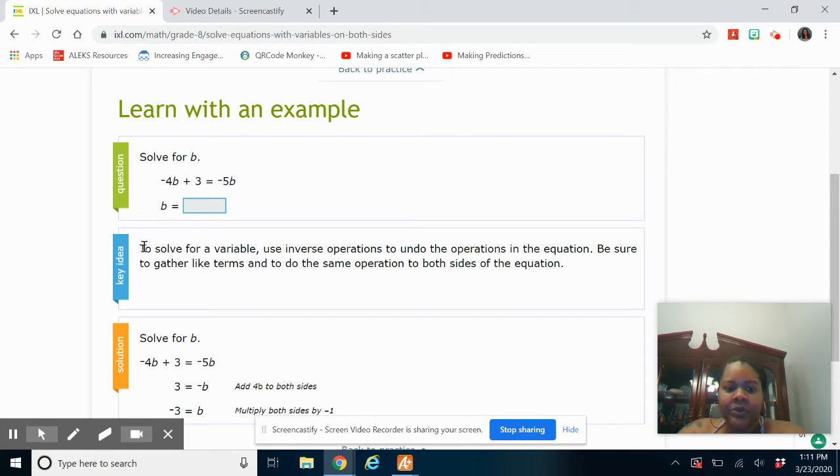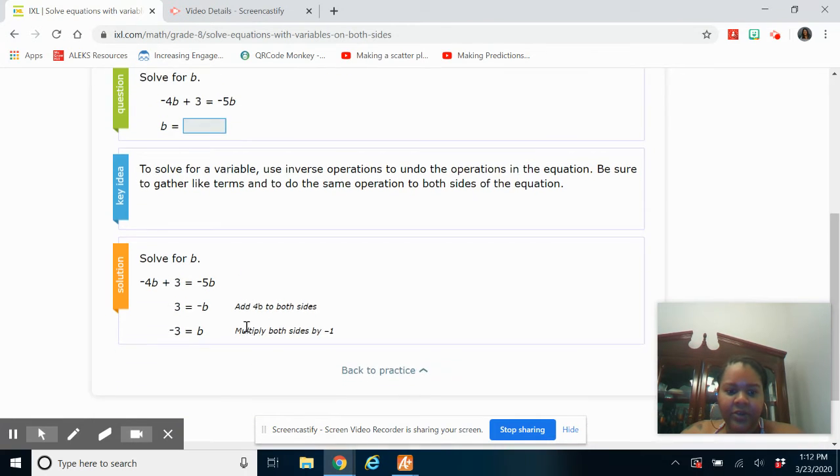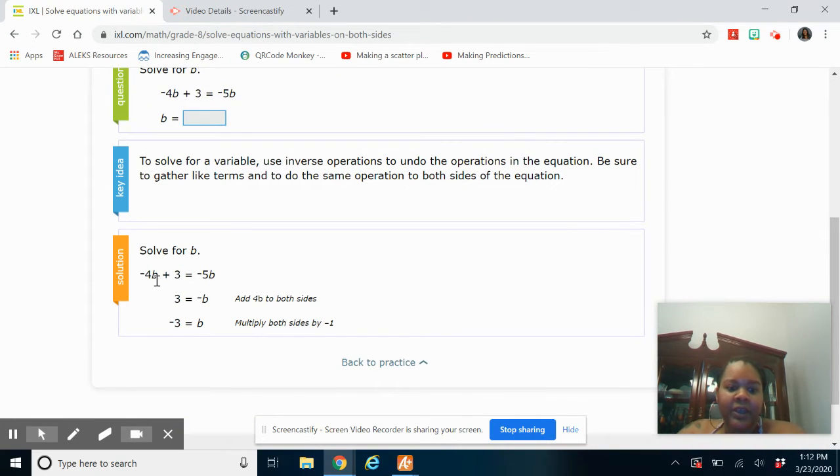It tells you in order to solve for a variable, use inverse operations to undo the operations in the equation. Be sure to gather like terms and to do the same operation to both sides of the equation. So here's our example again: negative 4b plus 3 equals negative 5b.